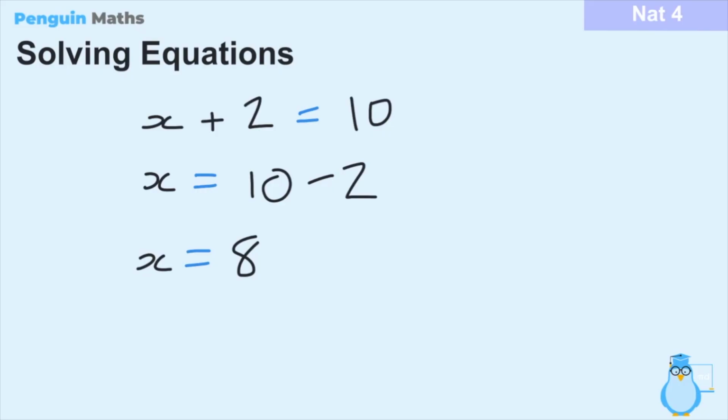So, in the last lesson, we learned that when we want to solve an equation for a variable x, what we have to do is keep all the letters to the left hand side and bring all of the numbers to the right hand side. And we can see here in this example what we've done, we've brought this plus 2 over to the right hand side, and doing so means that when it moves over to the other side we change the sign and plus becomes minus.